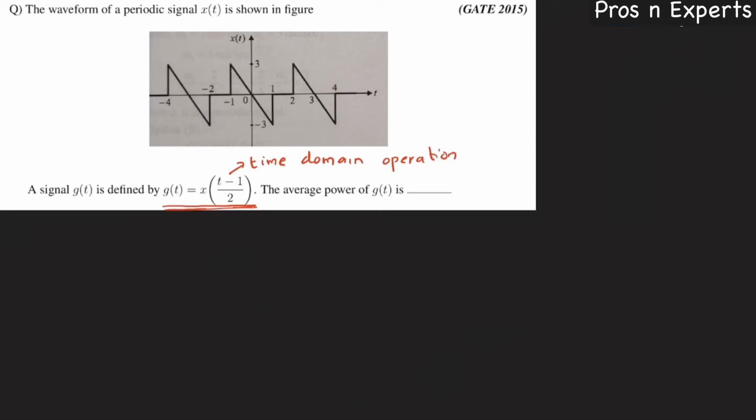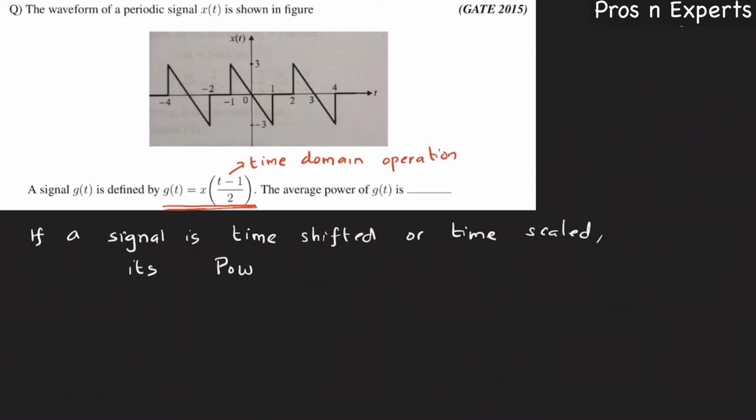Okay. So, what we have to take care of in this question is, if a signal is time shifted or time scaled, its power is unchanged. Okay, its energy changes.